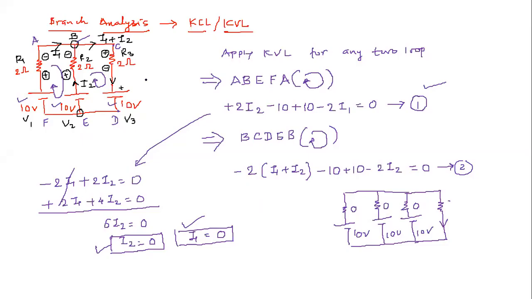You won't be getting this kind of problem in your examination, but this is just for fundamental reasons. It is very important to know the potential at a given junction, and this will help you to understand a few concepts, a few theorems which we are going to learn, right?